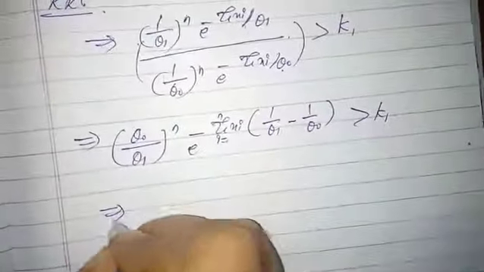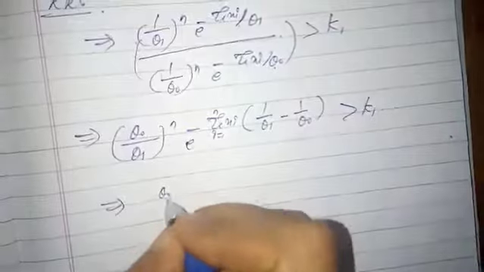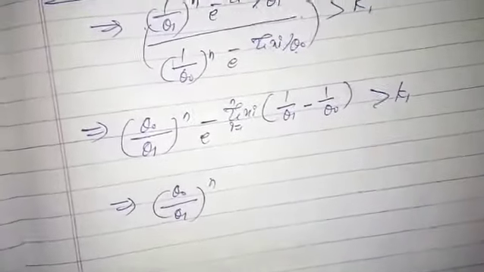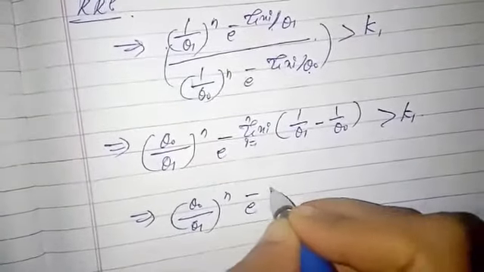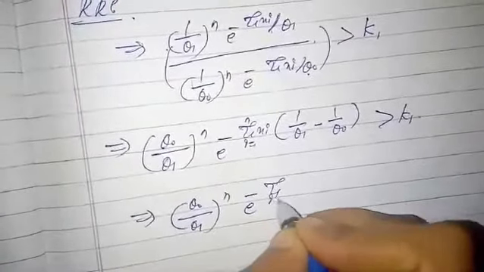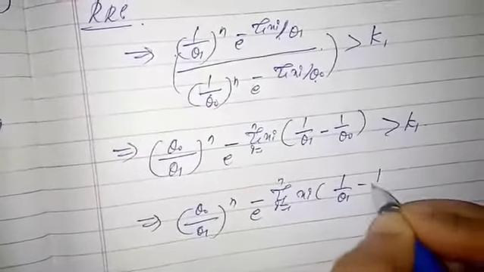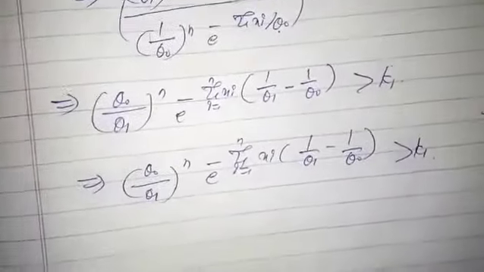Which implies that (θ0/θ1)^n e^(-summation xi, i from 1 to n, (1/θ1 minus 1/θ0)) is greater than k1.